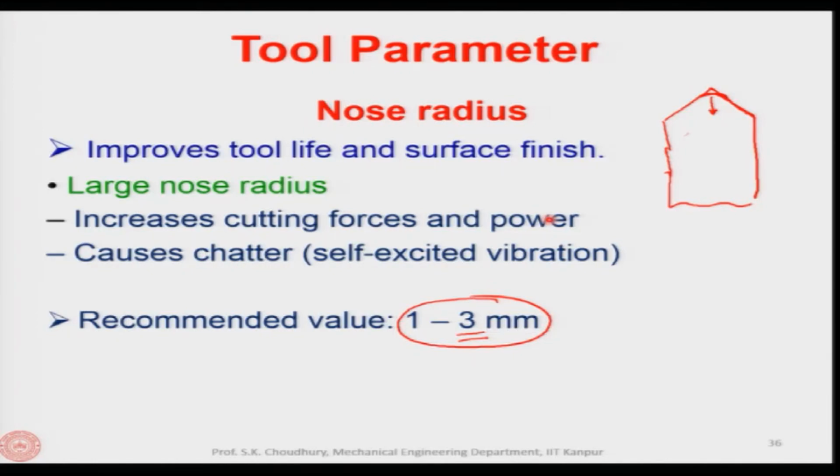Overall, our final aim during machining is to get the final product with the right shape, size, finish and accuracy. This shape, size, finish and accuracy will broadly depend on the right selection of these parameters, particularly the rake angle, of course the flank angle, the cutting edge angles and the tool nose radius.